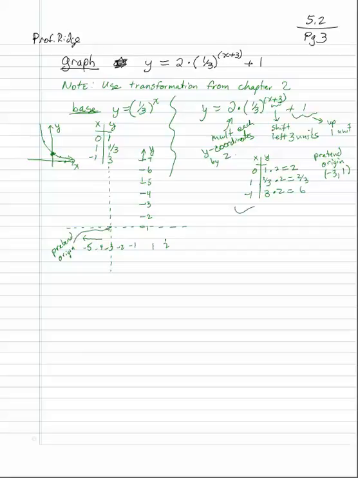So (0, 2) would be here. (1, 2/3), counting from the pretend origin, would be right about there.